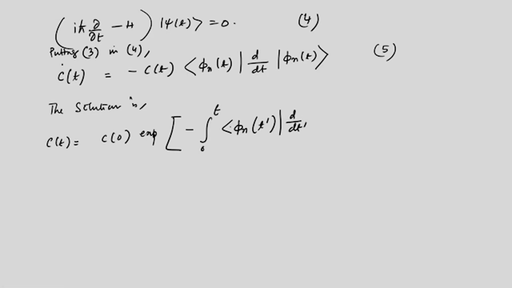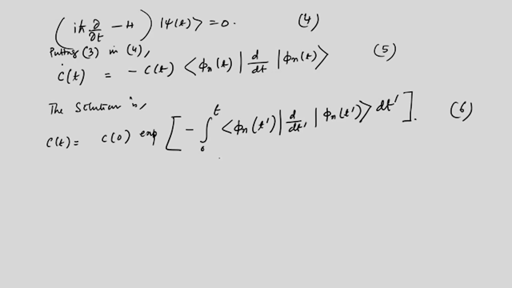I am just using a dummy variable so that I can write down the limits from 0 to t. Okay. So, that is the equation, or rather that is the solution. Let us write it as 6.